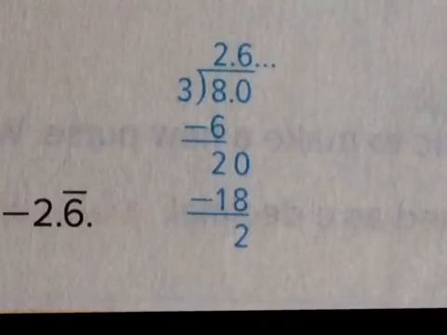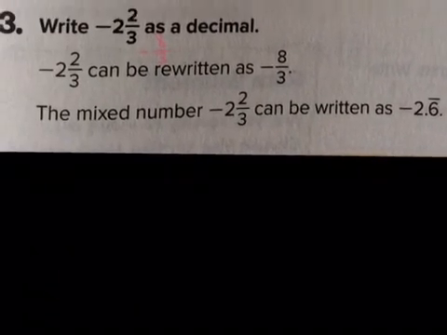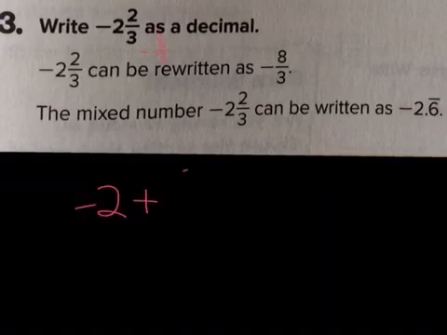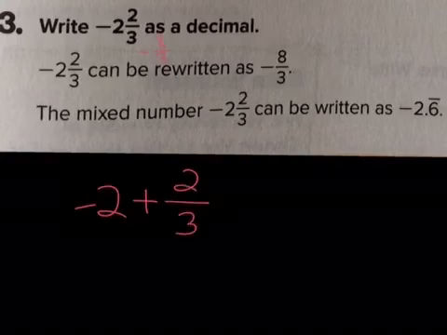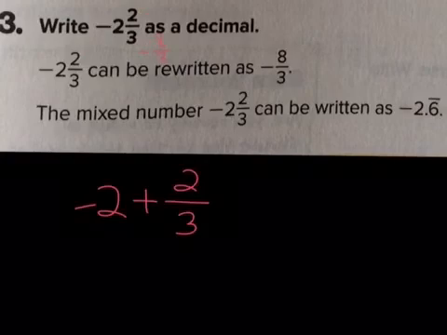An easier way that I think would be to separate the mixed number. You're going to separate the mixed number where you have your negative 2 plus 2/3. You know that negative 2 plus 2/3 is going to be right there. So that's what you have. I'm just separating it for now, so that now you're just working with 2/3.